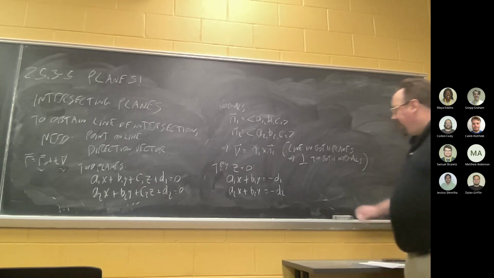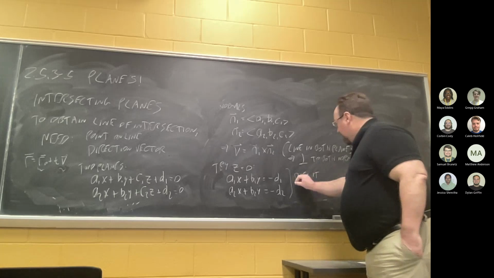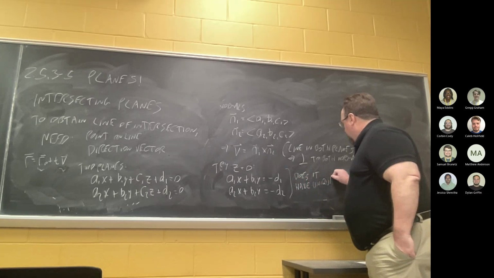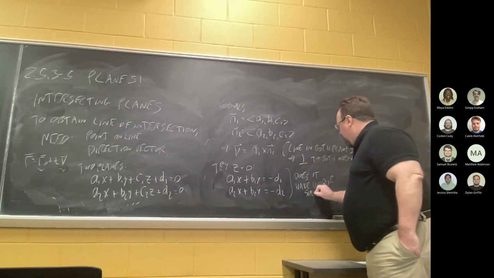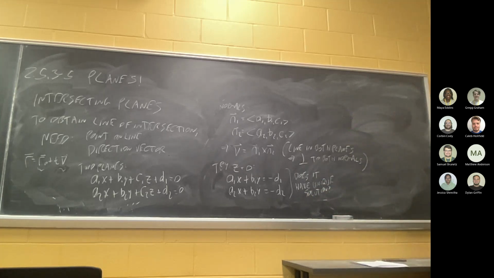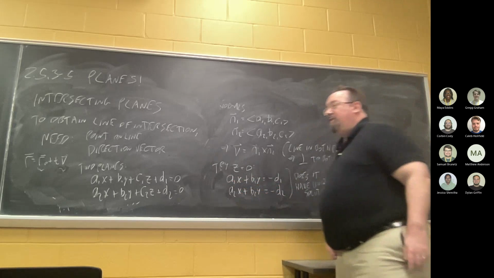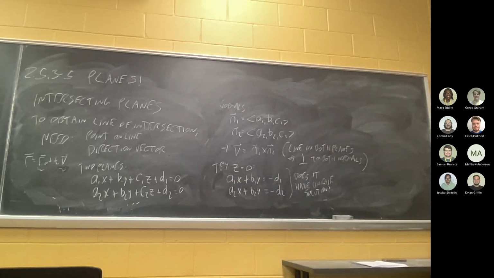And then you check: does it have a unique solution? Using what I talked about last time, you can check if the coefficients are proportional, like if one equation is a scalar multiple of the other, in which case they're not independent.